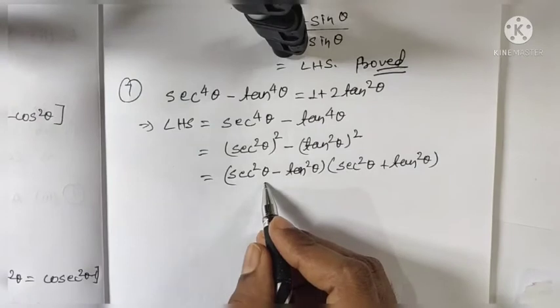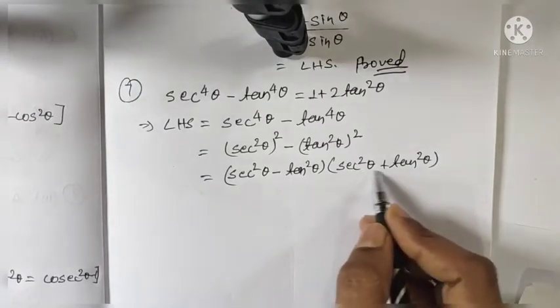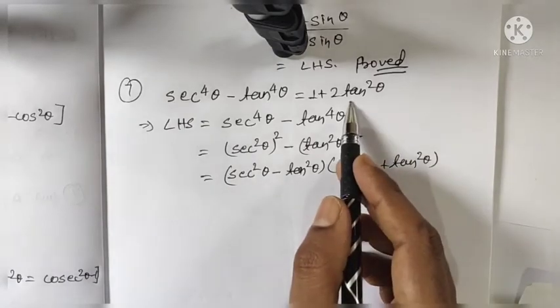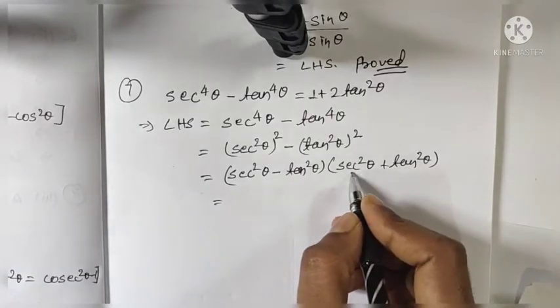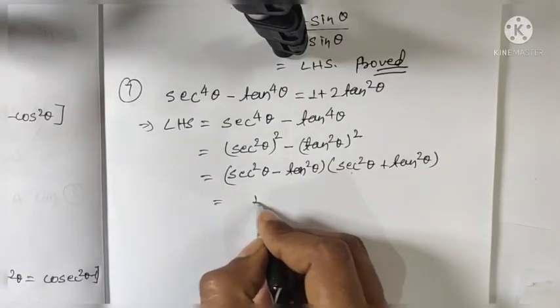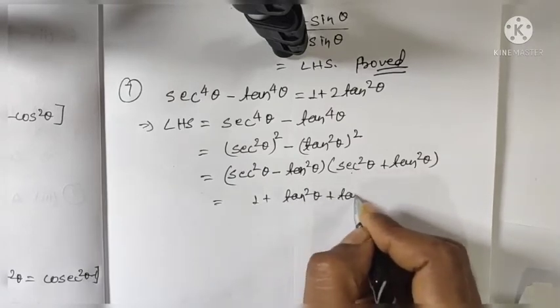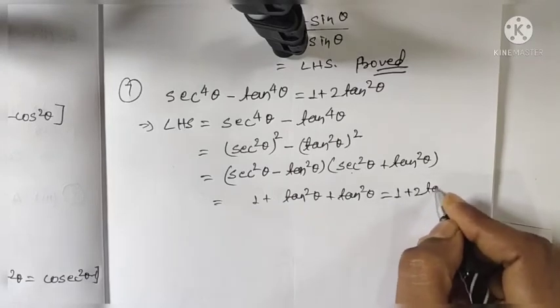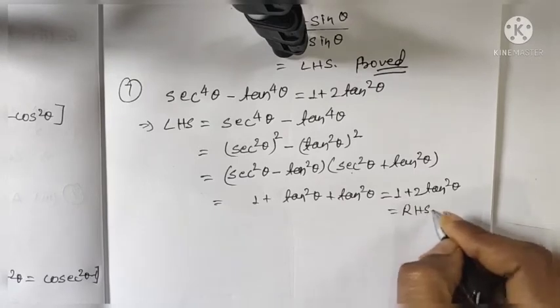Now, as we know that sec square theta minus tan square theta is equal to 1, it will be sec square theta plus tan square theta, but we have to keep only tan square theta. Hence, by putting the value of sec square theta, that is 1 plus tan square theta, it will be 1 plus tan square theta plus tan square theta is equal to 1 plus 2 tan square theta, which is equal to RHS, hence proved.